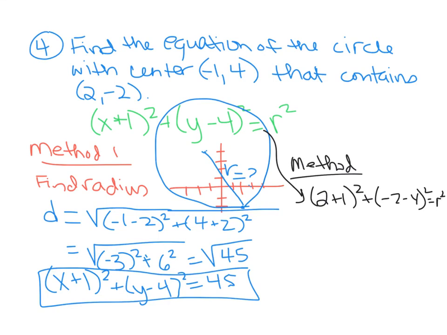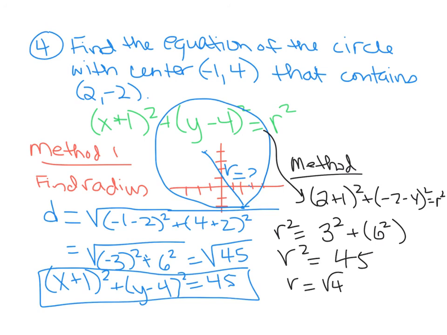You may or may not notice this, but this method is actually going to give you the exact same type of thing. I just have the signs reversed. So I actually am going to get r squared equals 45 here, or r equals the square root of 45.